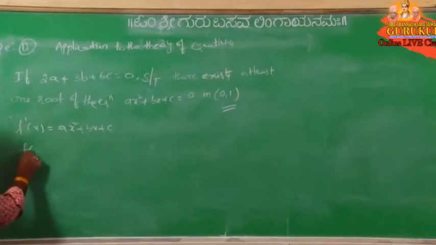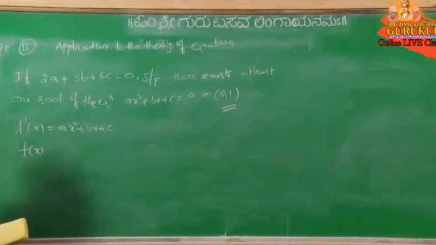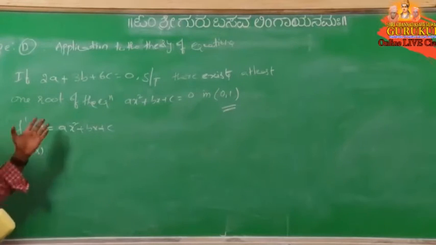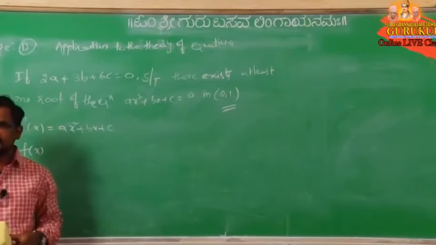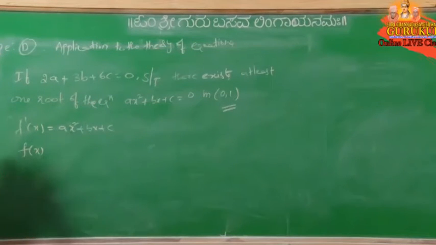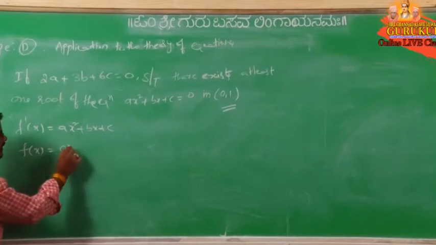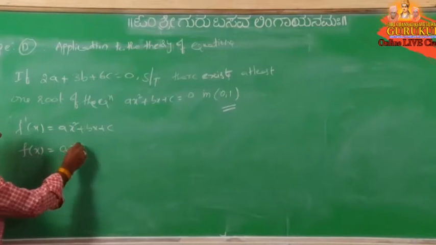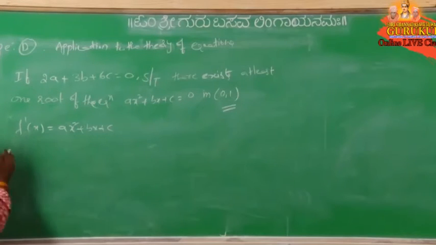Integration we have to do. A simple integration is there. So this is f dash x. How to find the function? Like acceleration given, how to find the velocity. Now integrating on both the sides, you write down.